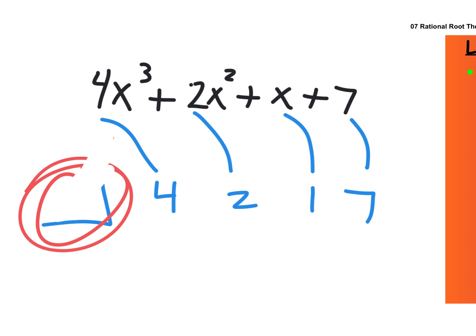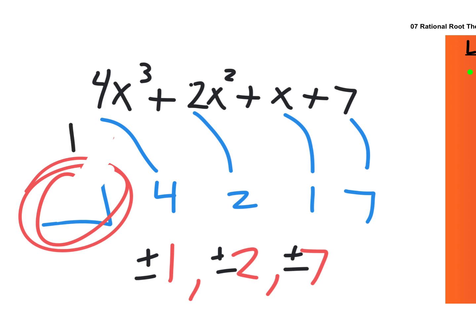Like if I told you, I know it's either 1 or 2 or 7, and it was plus or minus each of those, typically that's what happens, is you get it down to like 6 things that it could be that go right here. All right, so we need to narrow it down, get it down to a manageable number.